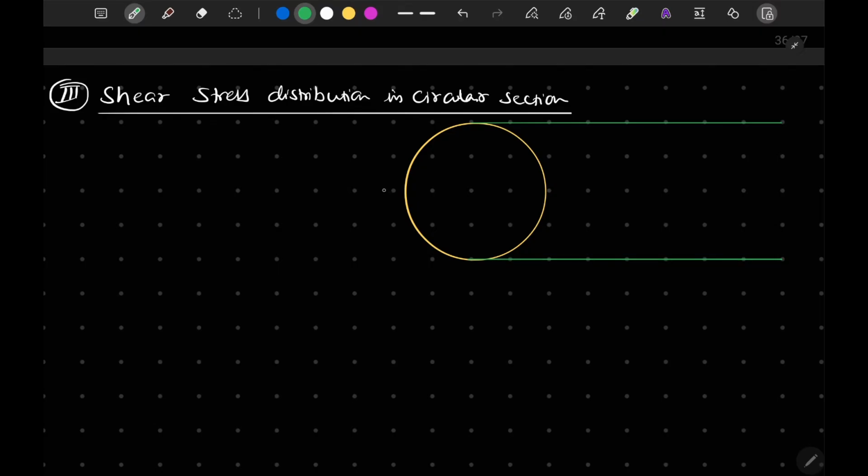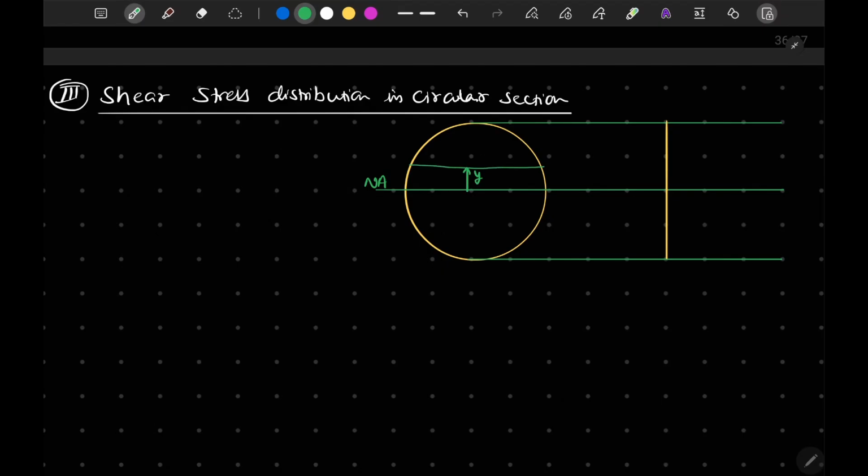Okay, and this is our neutral axis. Okay, and this will be our shear stress distribution from this point. Okay, so if we consider an element that is at a distance y from the neutral axis, so let's say this is our distance y from the neutral axis.